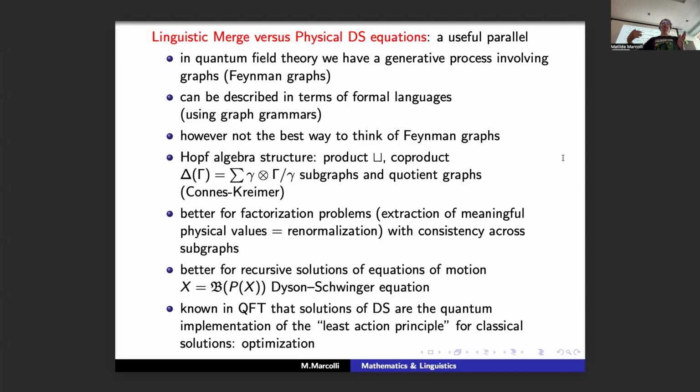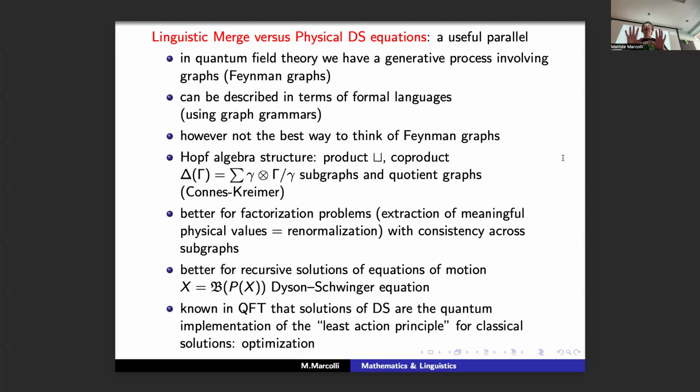So what you have to correct the action by so that you implement the renormalization directly in the calculation.